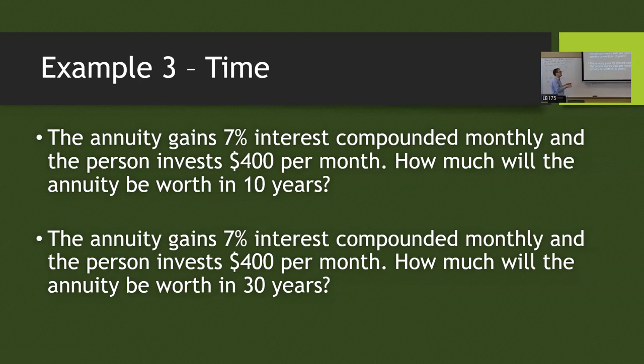But knowing what we know from the lump sum, if you increase the time that you're putting away money by a factor of 3, how much are we going to increase the interest gain by?